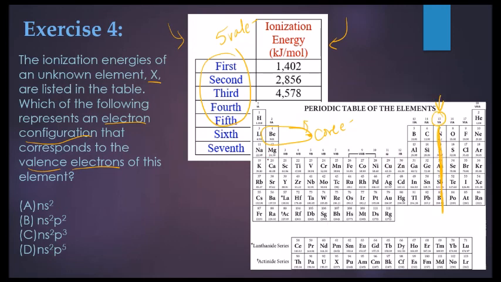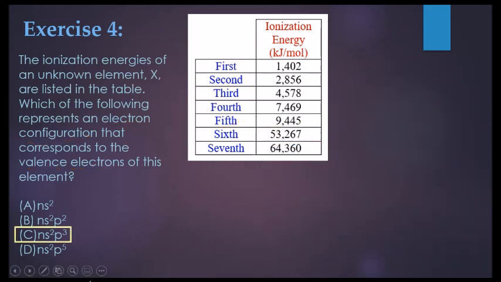For valence electrons, anything in that group, that's going to be ns2 np3, right? Anything in this group. And so that means our answer has to be what? C. C is the correct answer. Check. That would be the right answer. Very good.